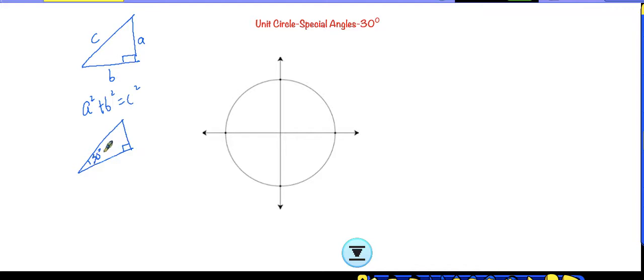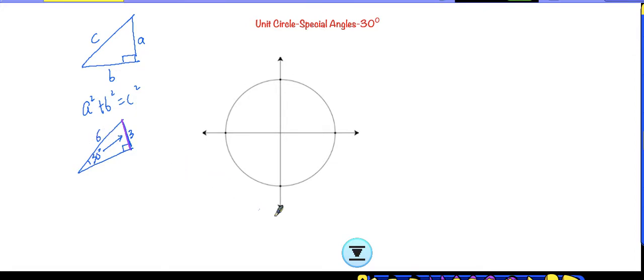That means if this side is, let's say, 3, then the hypotenuse will be 6. This side, let me use a different color, is always half of the hypotenuse. Those are the two things we need as a foundation to understand the 30 degrees here.